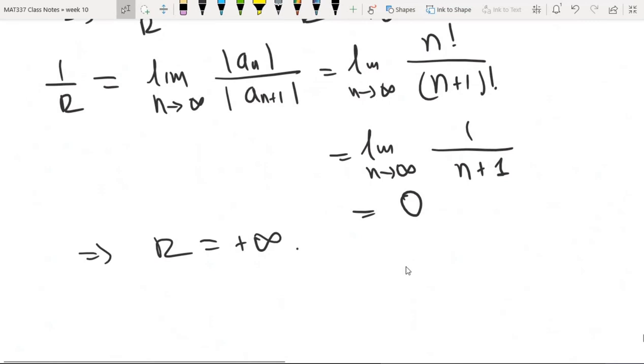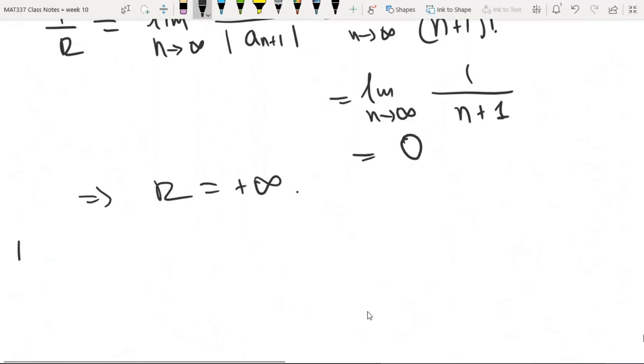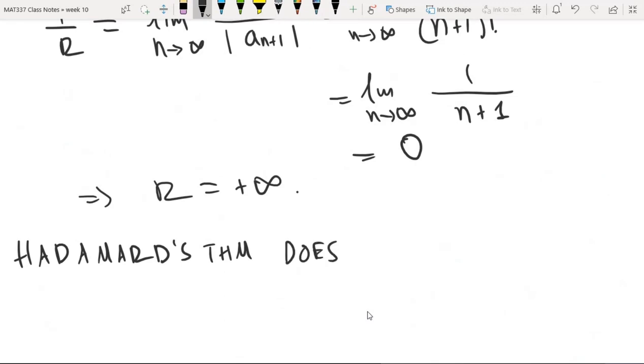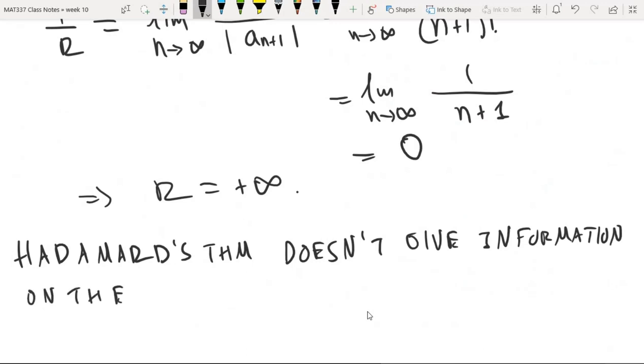Okay, what's next? Oh yeah, we have to talk about the endpoints. That's important. So Hadamard's theorem doesn't give information on the endpoints, x equal to plus minus r.